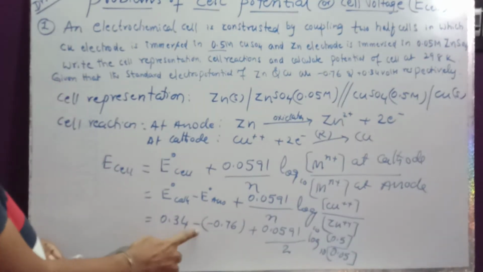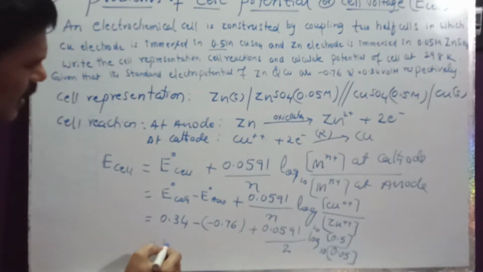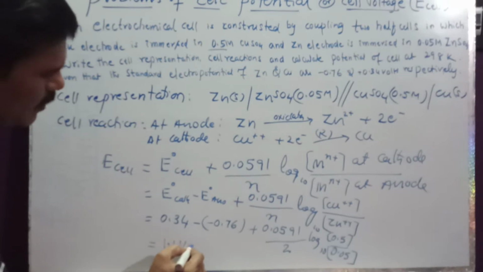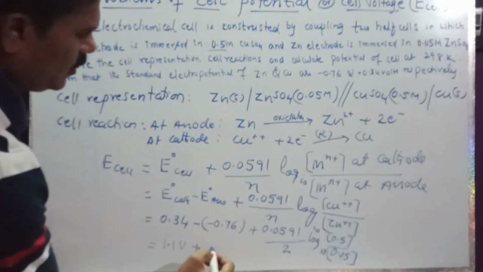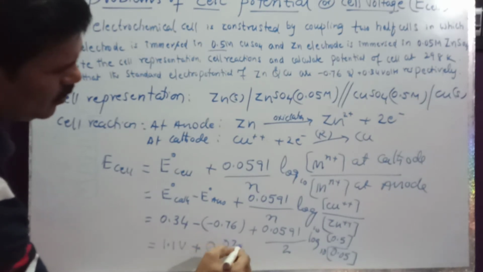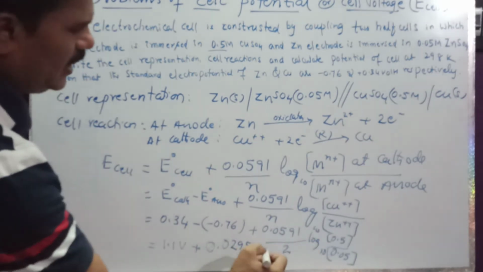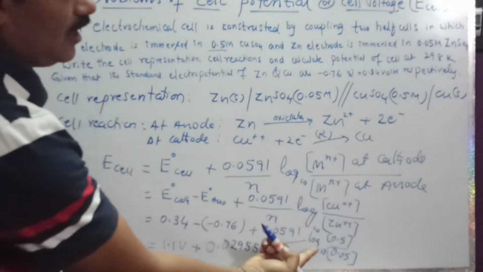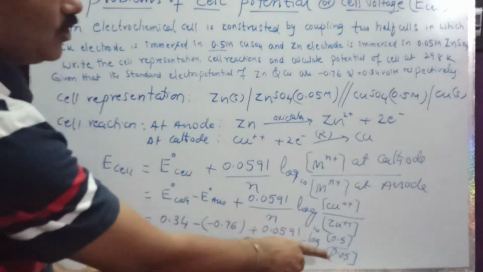0.34 minus of minus is plus 0.76. The answer is 1.1 volts plus 0.0591 divided by 2, which is 0.02955, into log of 0.5 by 0.05.